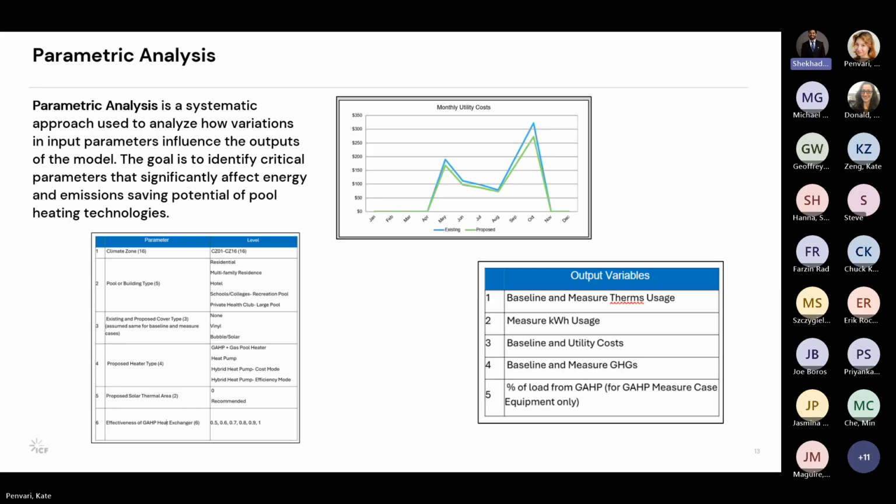Overall, the objective of doing this exercise was to determine the most significant parameter which affects energy savings and create impactful data visualizations in Power BI. Next.